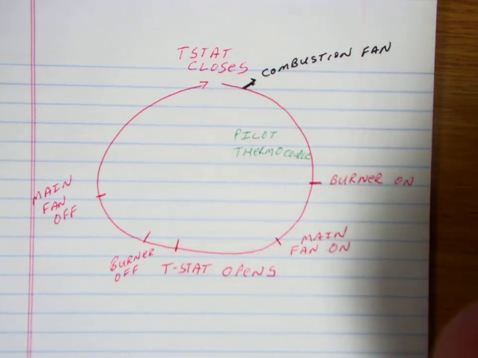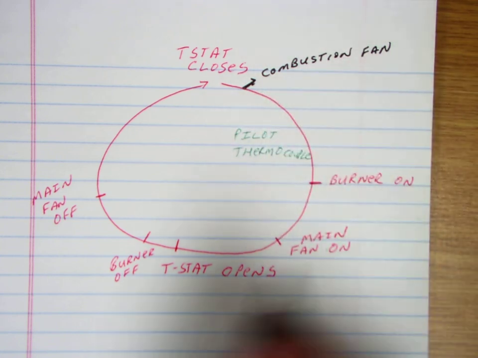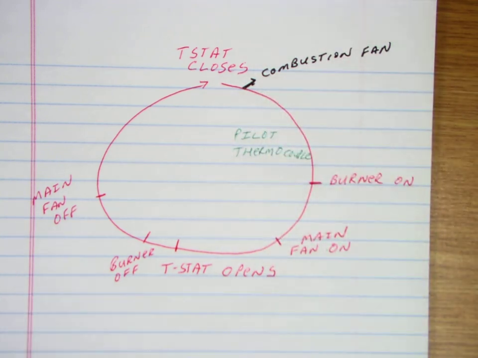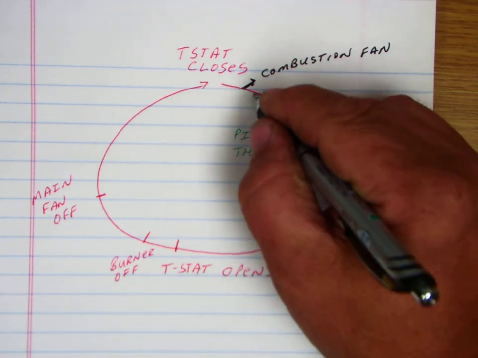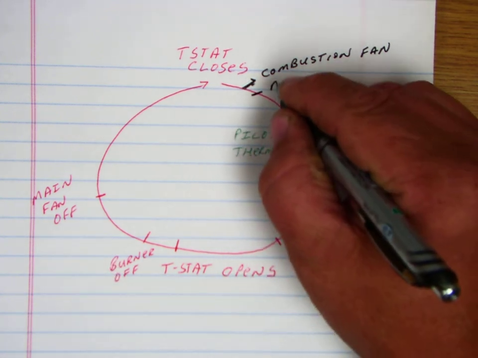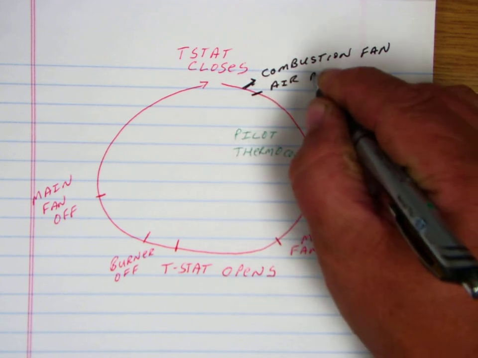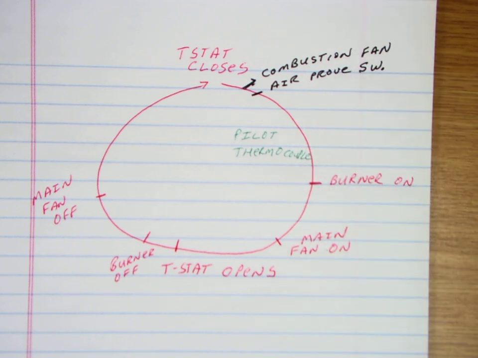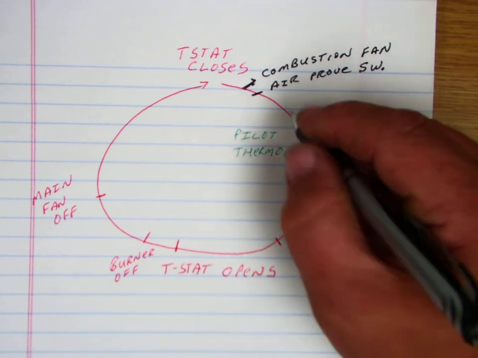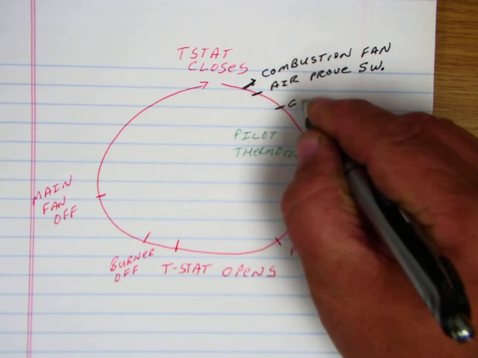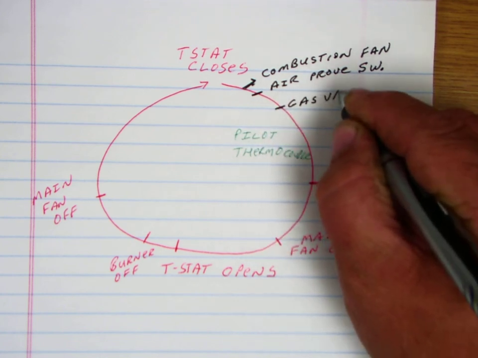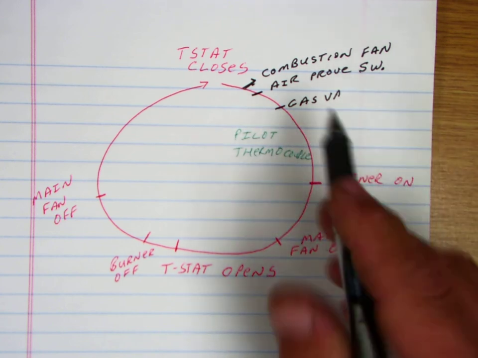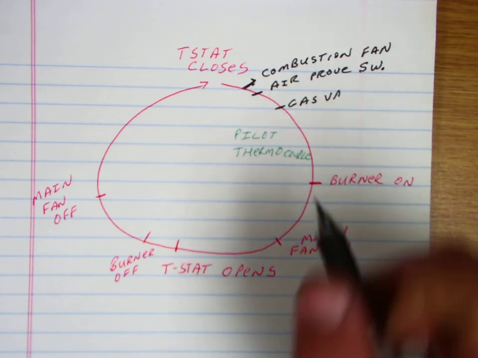When the combustion fan is running, if we get airflow coming into the furnace through that combustion chamber and then out the flue, there is an air proving switch that closes. Or sorry, the air proving switch does not operate the gas valve.